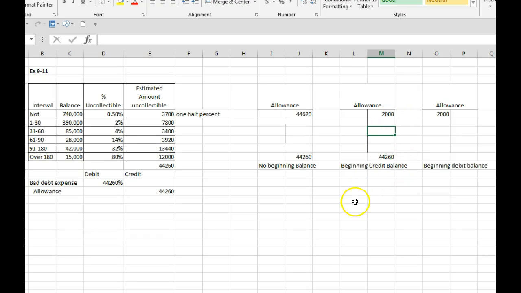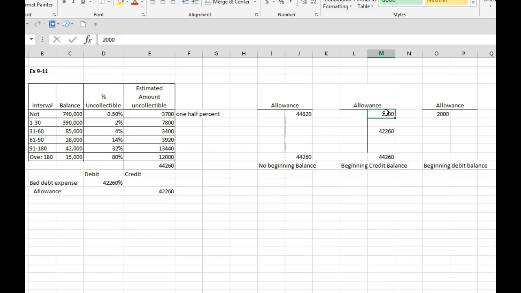Well, 44,260 minus $2,000 is 42,260. So my bad debt expense needs to be 42,260 instead of 44,260, because I already have a previous balance here.